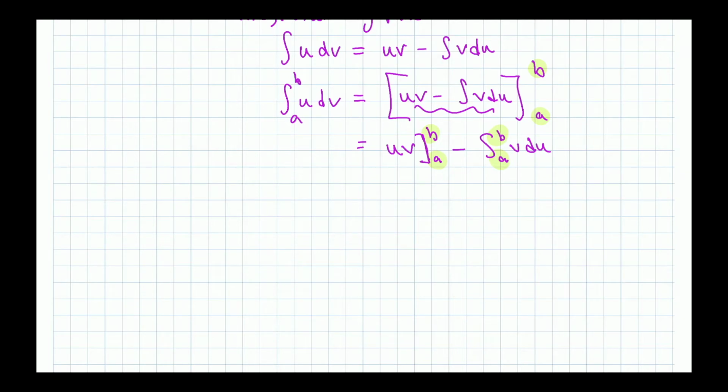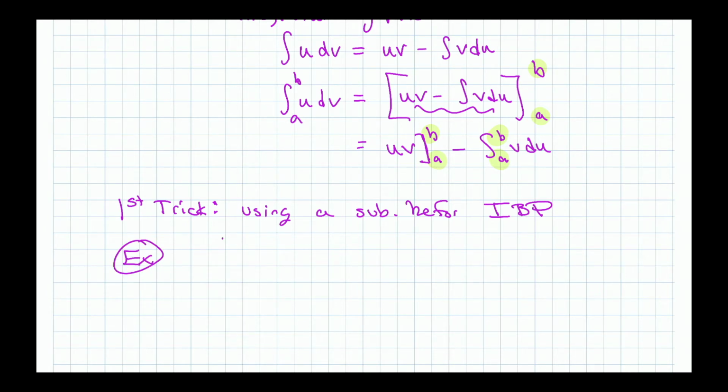Okay, so let's see our first trick. So what is the trick? It's using a substitution before integration by parts. And also, a lot of people abbreviate integration by parts as IBP. So here's an example, and we'll see how it works.